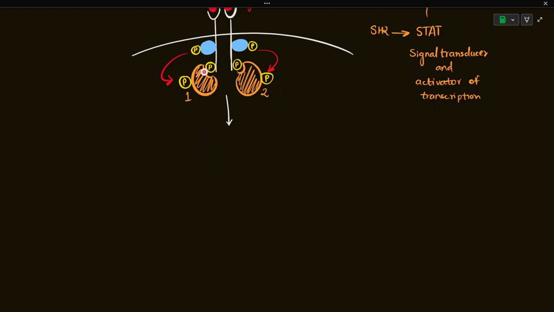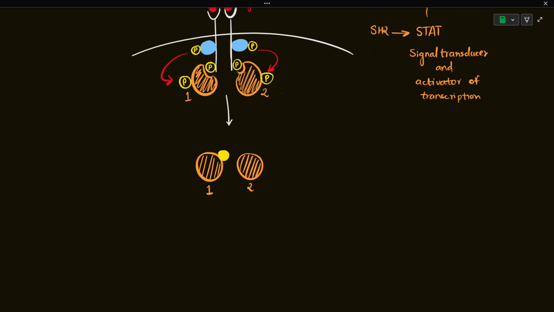So what will happen? This SH2 domain will bind to the phosphotyrosine residue of the other STAT protein. So this particular STAT protein, okay, this is STAT1 and this is STAT2. Both of them are phosphorylated, and that is why they are being released in the cytoplasm, right?